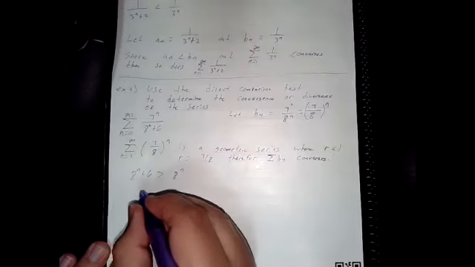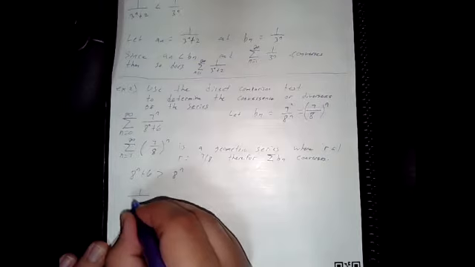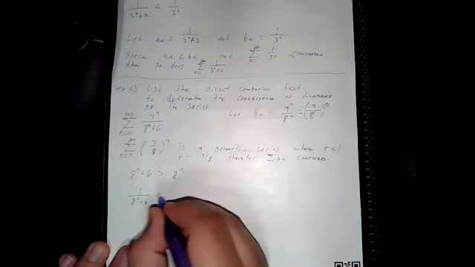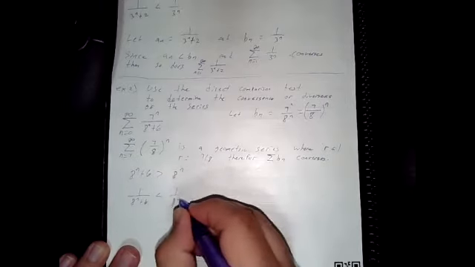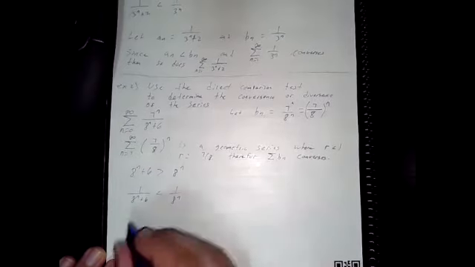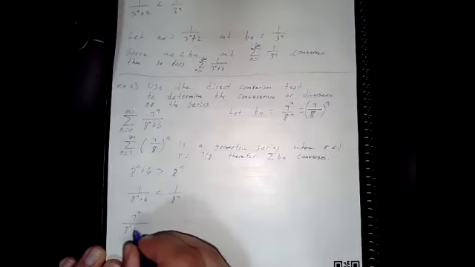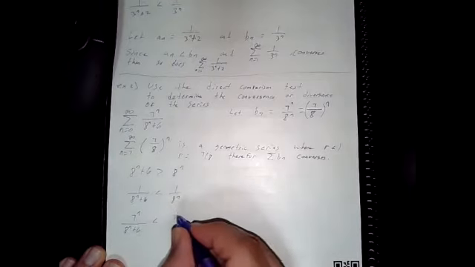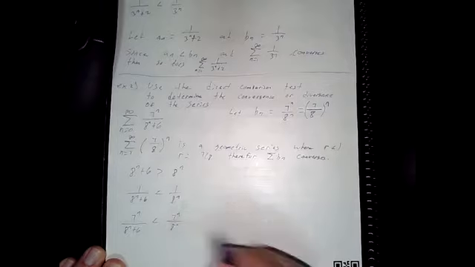I also know that this is smaller than this. Adding that 7n on top doesn't change anything, does it? It's still smaller.